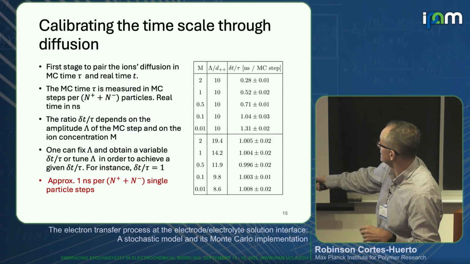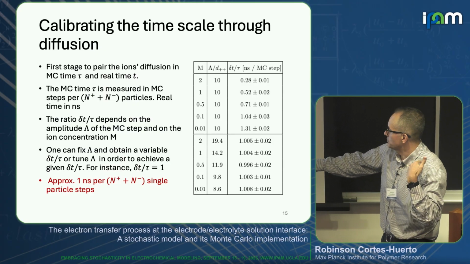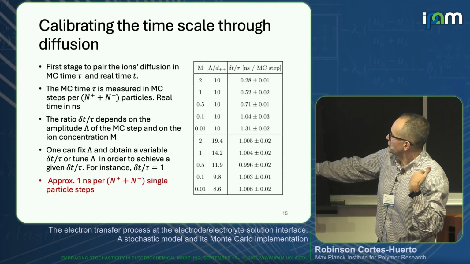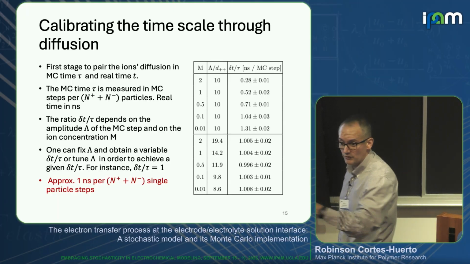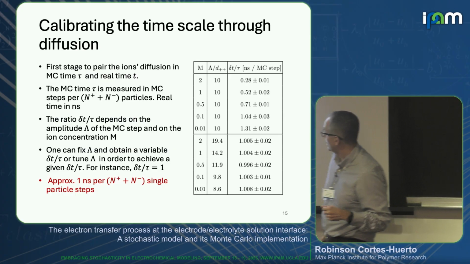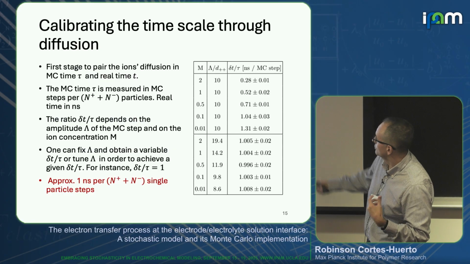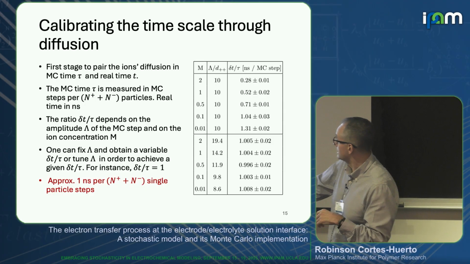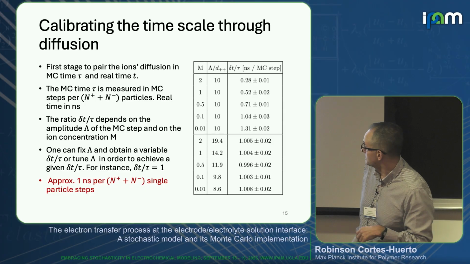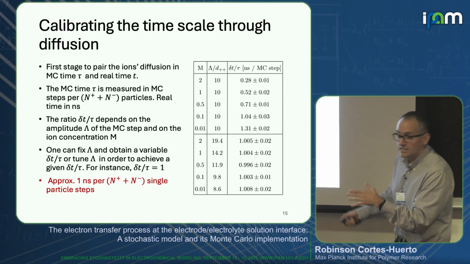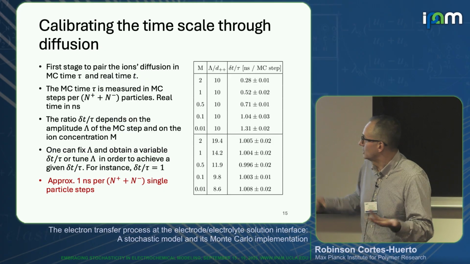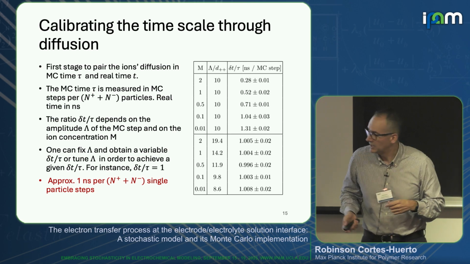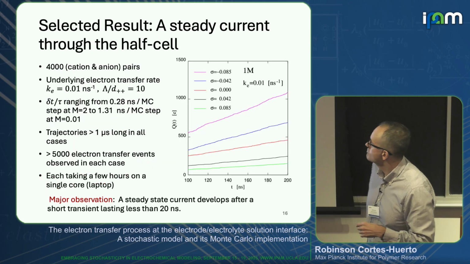Perhaps more interesting, we can change the amplitude of the Monte Carlo move and fix the conversion rate between real and Monte Carlo time. In this case, we are talking about the order of nanoseconds. Because the time step is precisely of the order of nanoseconds, we prefer this method to molecular dynamics, because we really go beyond this time scale limitation.